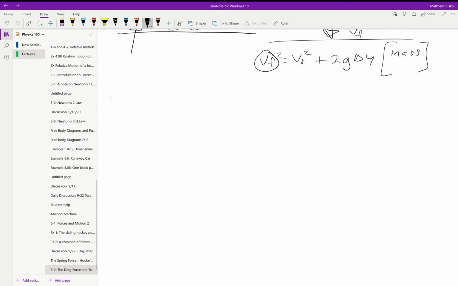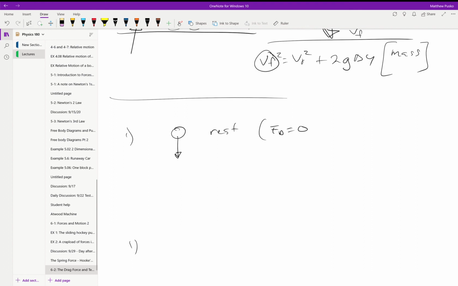Basically, when you release something from rest, the force of drag is equal to 0. As it speeds up, so these are just different time periods, it always has mg pointed down, but initially it would have no drag.